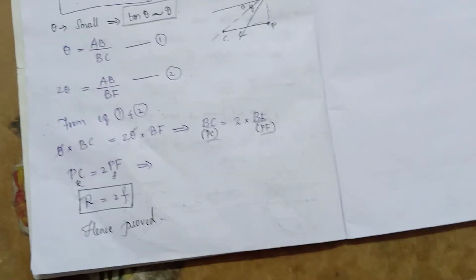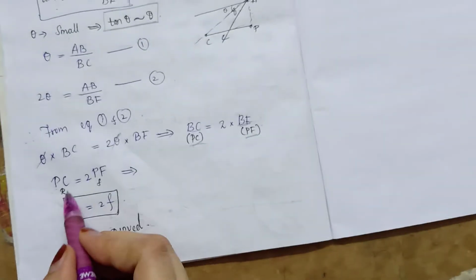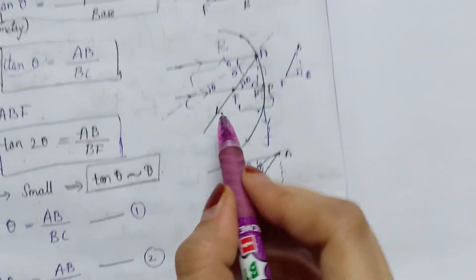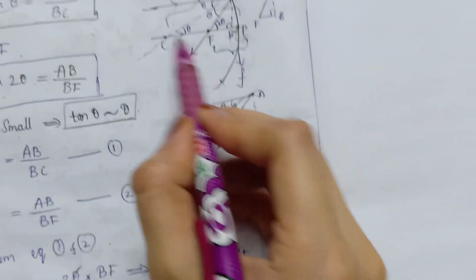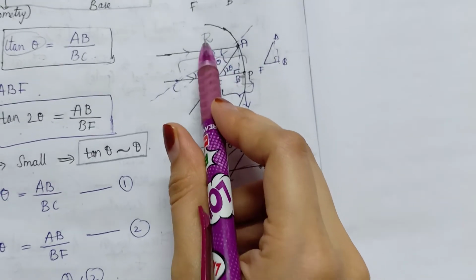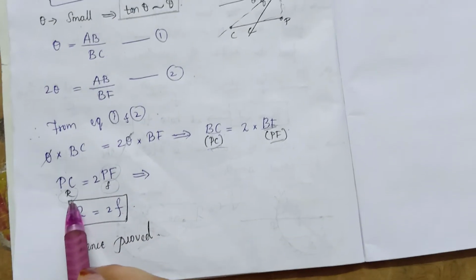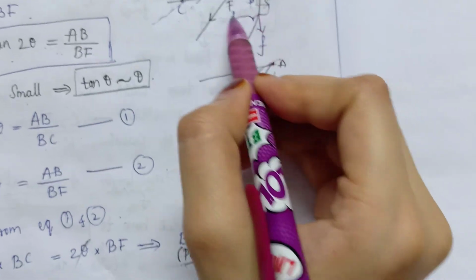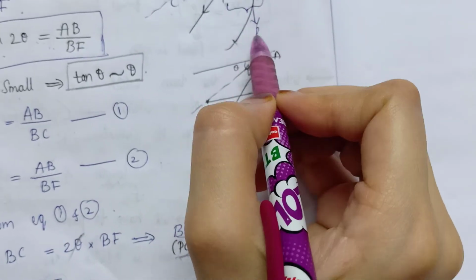And in place of PC we can write R. Why, and in place of PF can we write small f? See in this diagram, PC is the distance of the radius of curvature, which is capital R. So in place of PC we can write capital R, and PF is the focal length, which is small f.